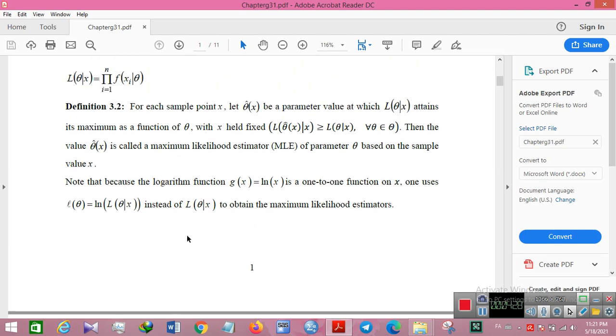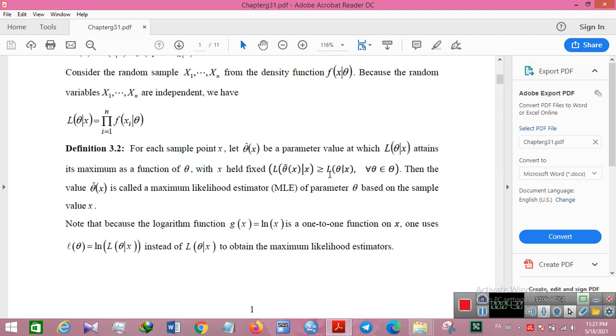In fact, finding the MLE of theta is a simple way to find the maximum of L(theta|x).